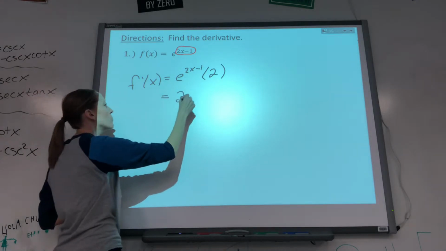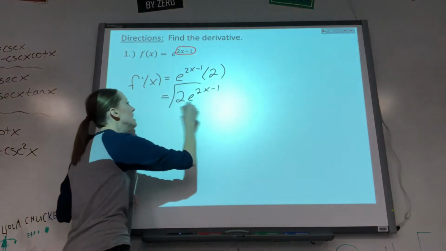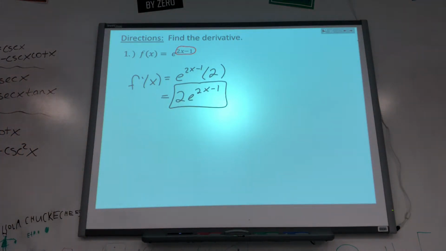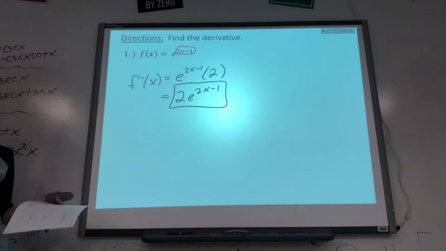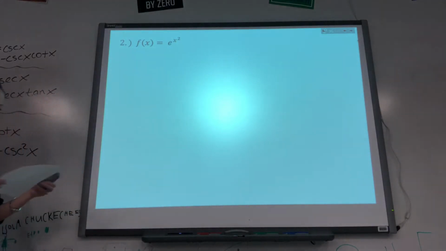And really the only way to simplify that is just to pull the 2 out front. So the derivative is just 2e to the 2x minus 1. Okay, not too bad. Not nearly as bad as what we had yesterday. Now let's try just a couple more, and we're also going to talk about some natural log derivatives today.